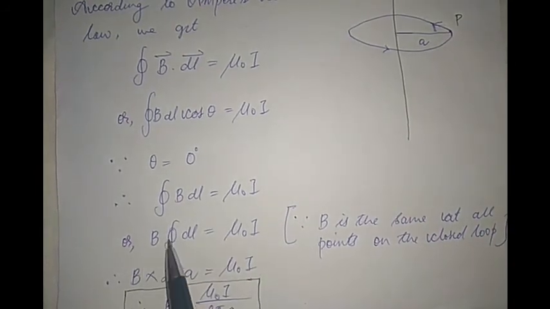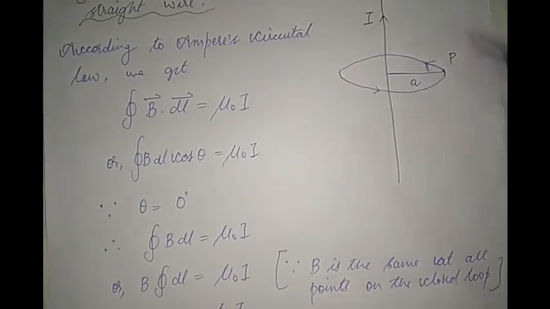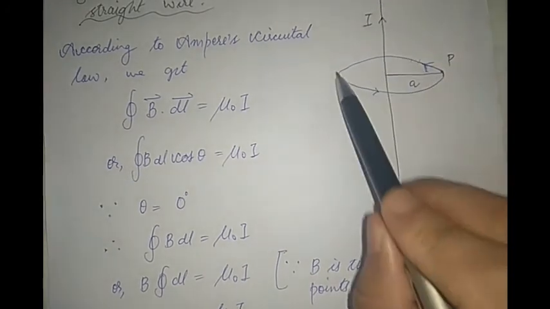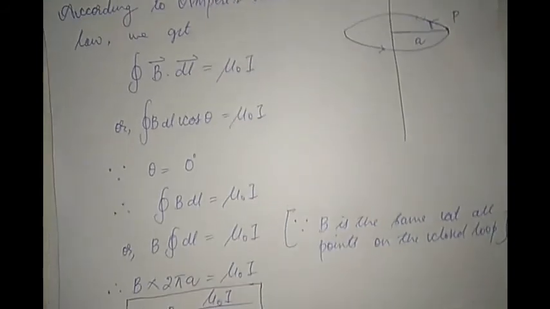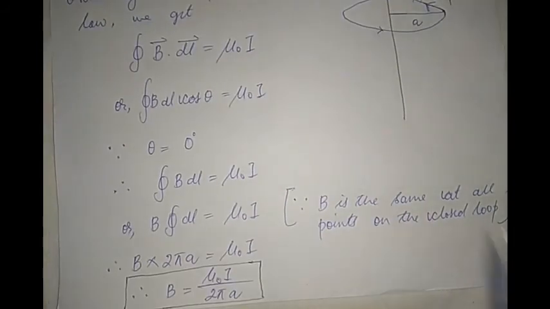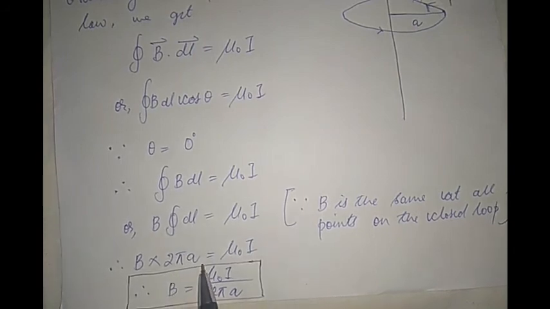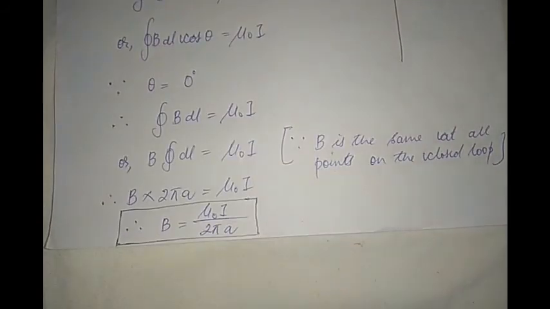So B times integration of dl will be mu naught into I. Now, we are integrating over small dls, which is going to give us the circumference of the closed loop, and the circumference of the circle is 2 pi a. So B into 2 pi a is mu naught into I, and thereby B comes out to be mu naught I by 2 pi a.